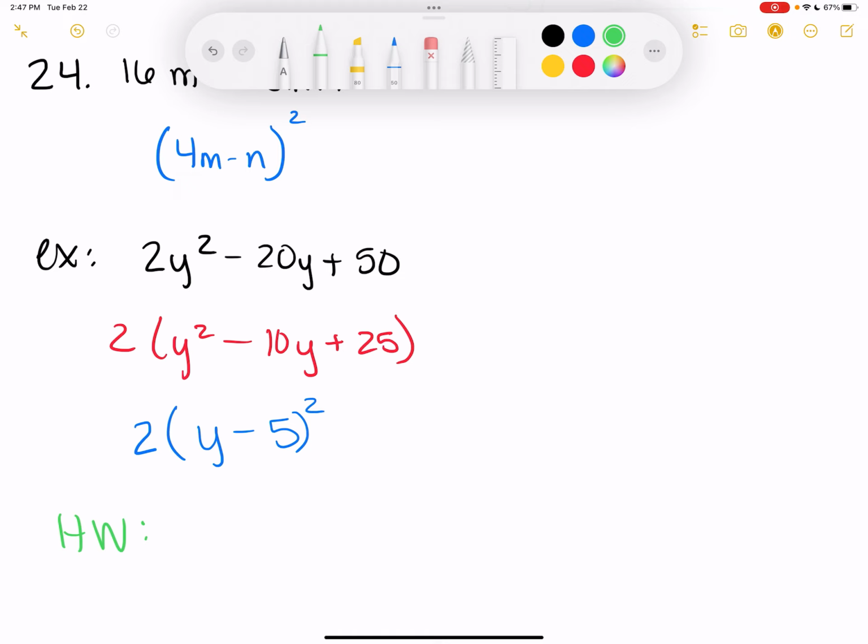So the problems I would like you to do from this section, 9, 11, 13, and then under guided practice on page 601, I would also like you to do numbers 2 and 4.